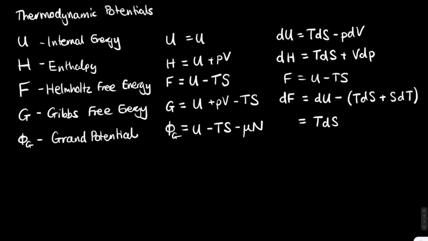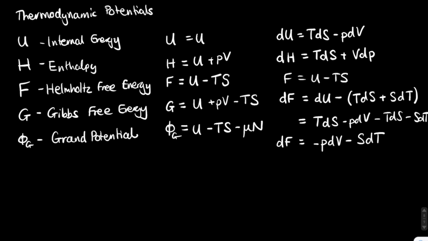So TdS minus PdV minus TdS minus S dT. Well, these two TdS terms are now going to cancel. And so now we get that dF is equal to minus PdV minus S dT. So we've now got that for the Helmholtz free energy, the natural variables are now volume and temperature. Those are the natural variables of the Helmholtz free energy.